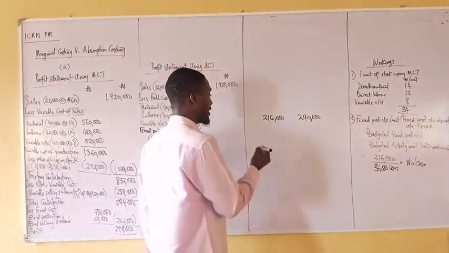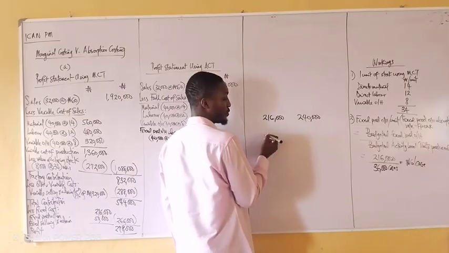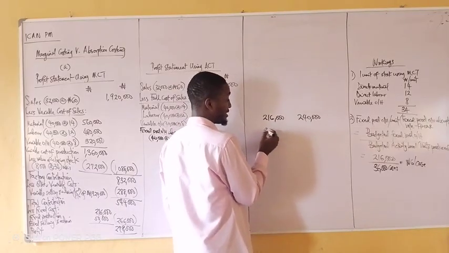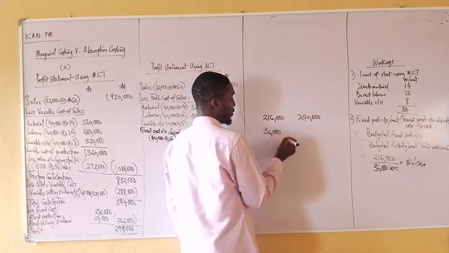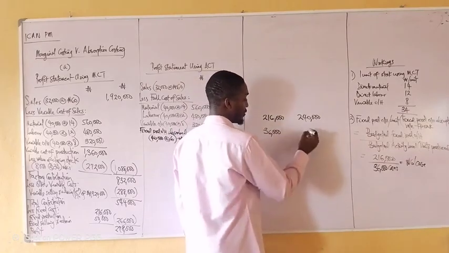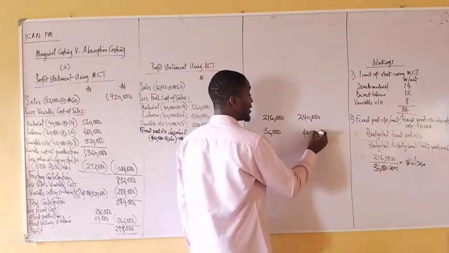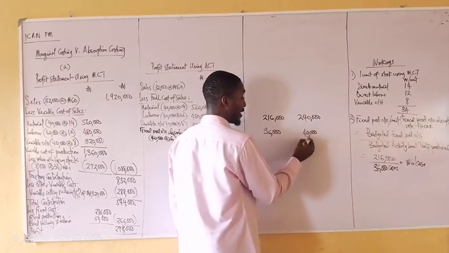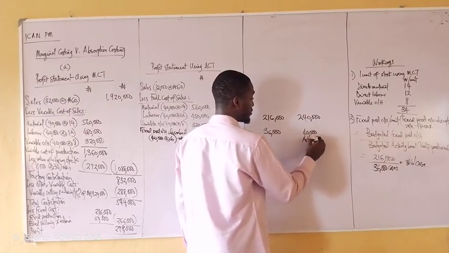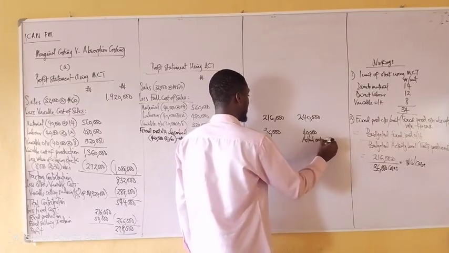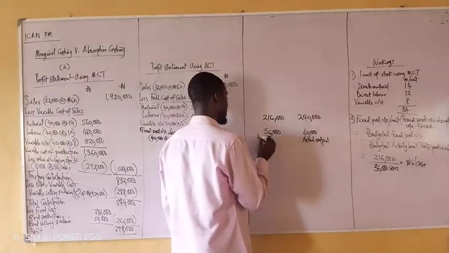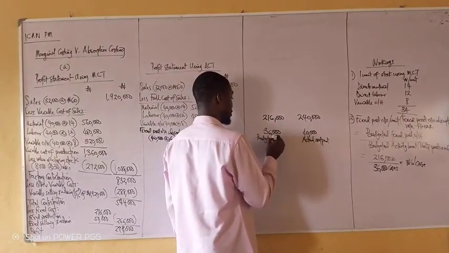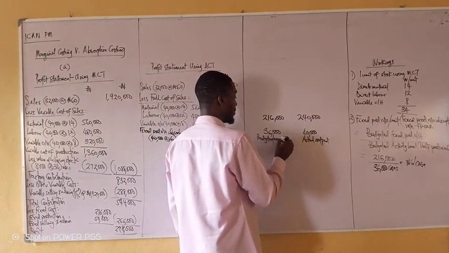What was the budgeted output? The budgeted output was 36,000. What was the actual output? 40,000. Budgeted, we will also just call it normal output.